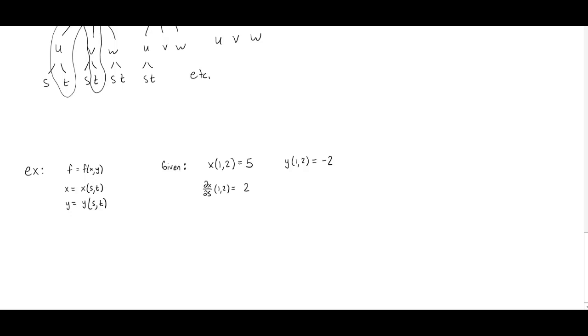Let's say that's equal to 2. The partial derivative of x with respect to t, evaluated at this point, let's say that's given to be 5, okay? Let's say the partial of y with respect to s, evaluated at this point, let's say that's equal to 1. Partial derivative of y with respect to t, again at this point 1, 2. Let's say that was 3, okay?